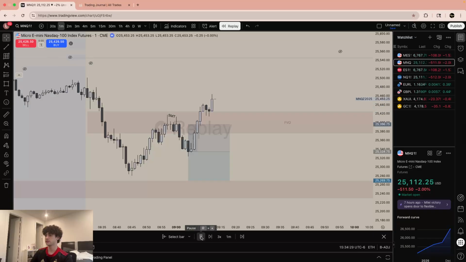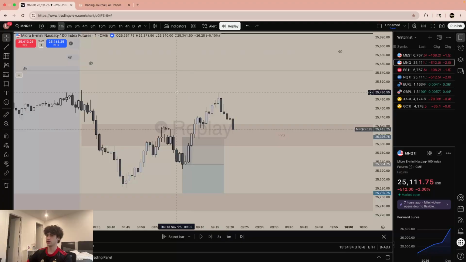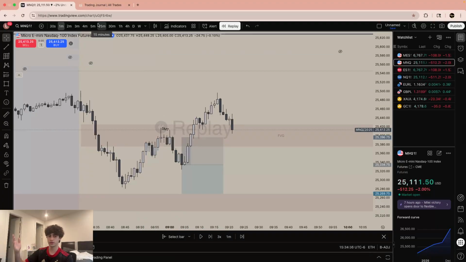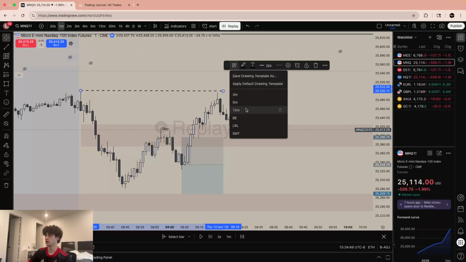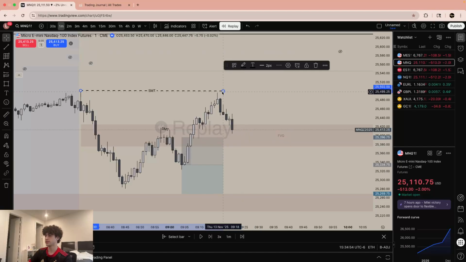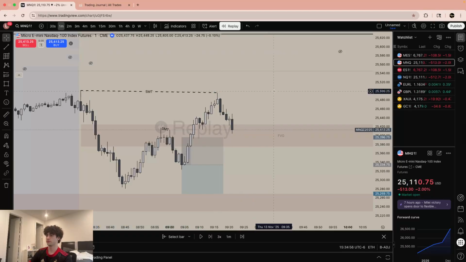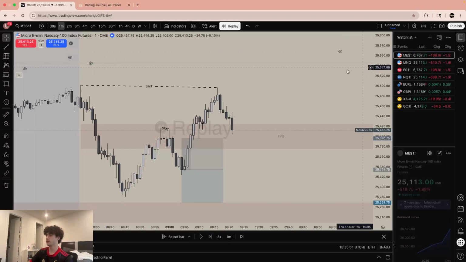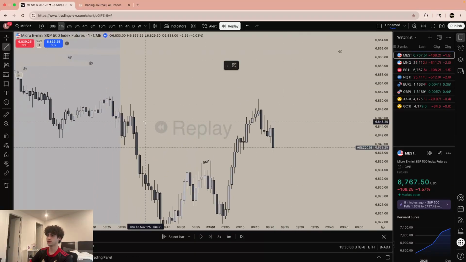So after this loss, we got this higher retrace, and what we did is we swept this 8:30 high, or we didn't sweep it, sorry, on NQ, but we created an SMT here with ES, with NQ not sweeping the 8:30 a.m. high, and ES did sweep it.